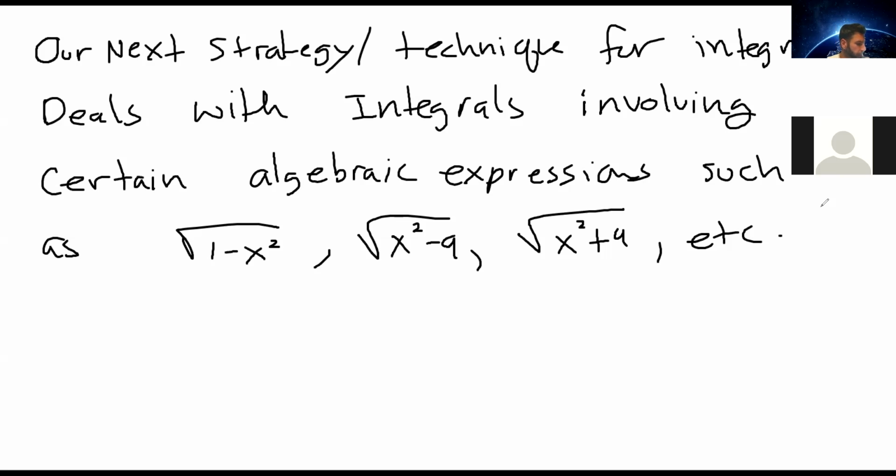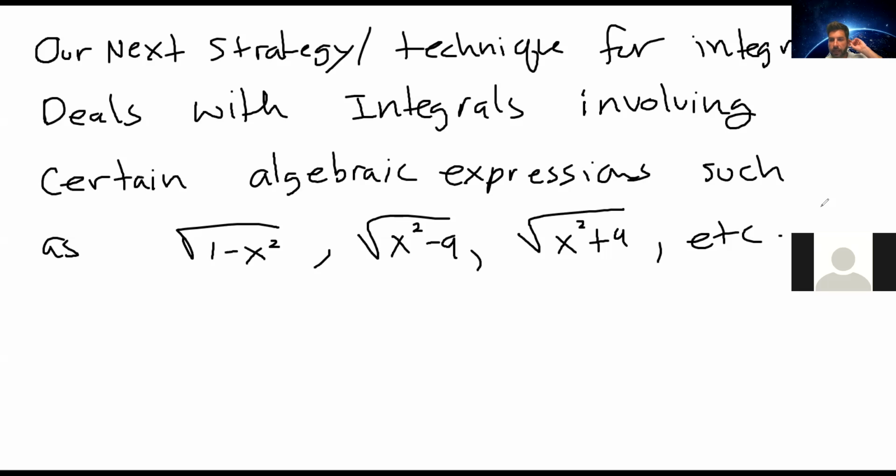I'm going to explain in more detail what I mean by that. I don't want you to think what we're about to do doesn't have motivation or some sort of context.